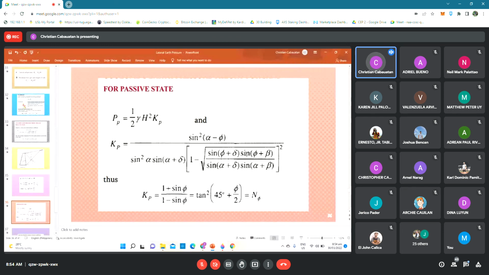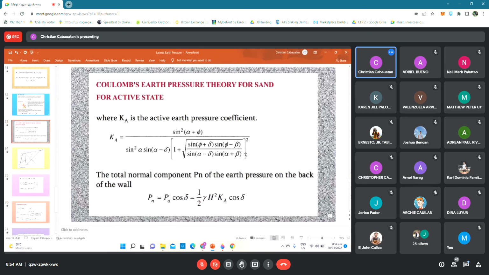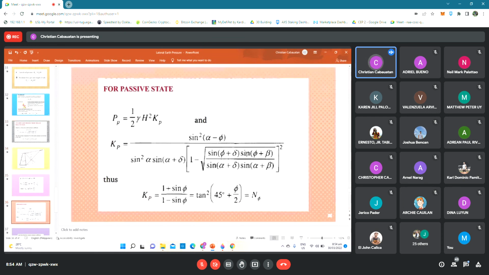And then for passive, there is a difference. In the active, look at the difference: alpha minus omega, and then plus and minus, okay? But in the passive, it is the same, plus for all of them except for the upper part wherein it is a minus. It just flipped.